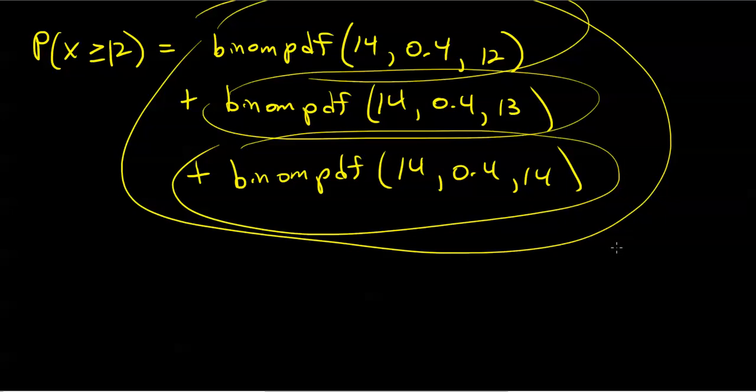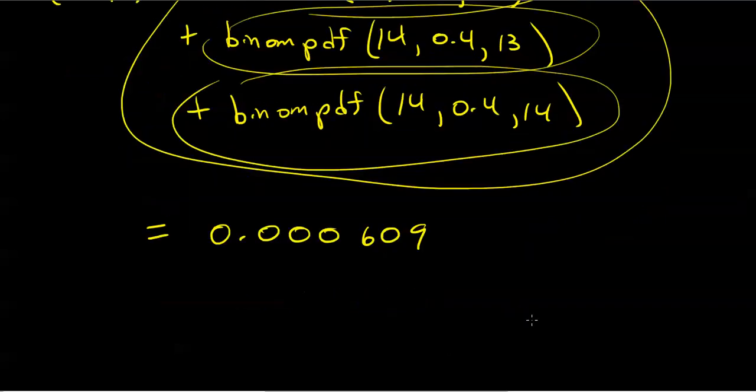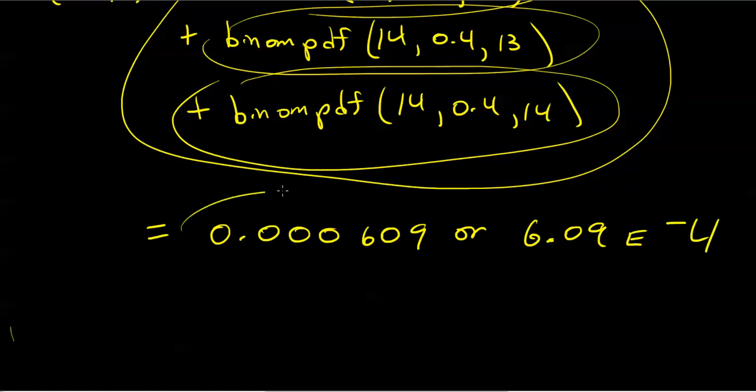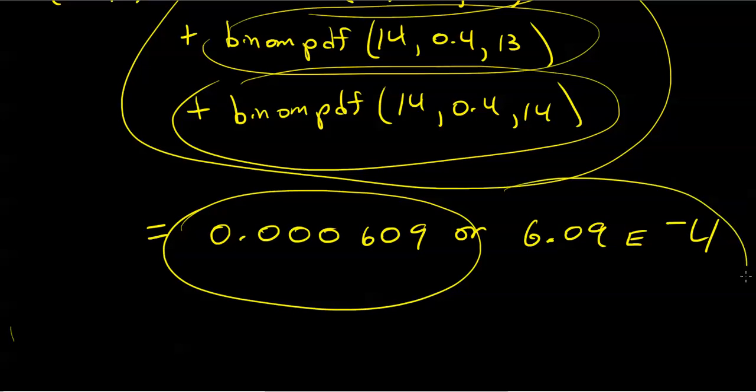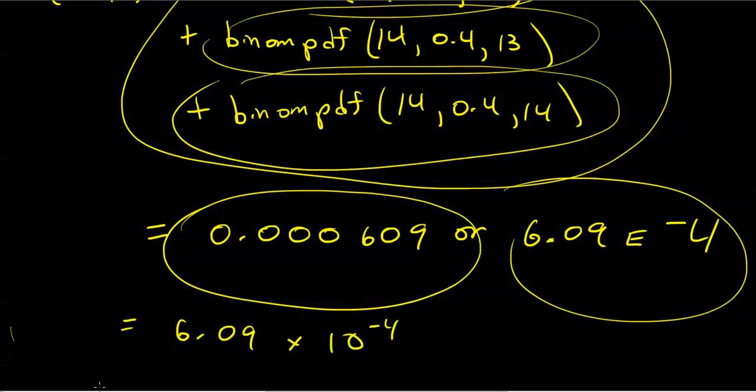It's going to take more than one line on your calculator, and if I add these up, I get 0.000609. Depending on the settings of your calculator, it may illustrate this in scientific notation. The TI syntax for this value in scientific notation would be 6.09 e minus 4. That's the equivalent to 6.09 times 10 to the minus 4th power in scientific notation. Okay?